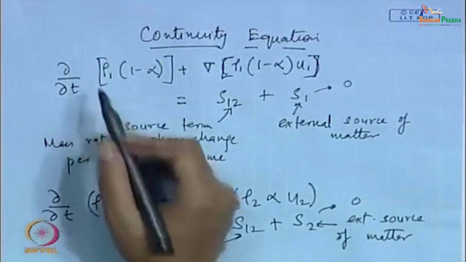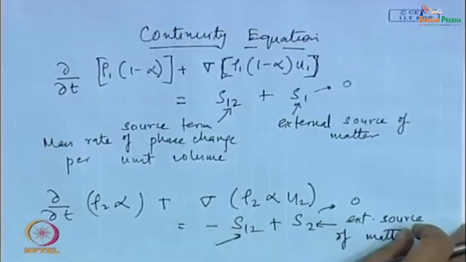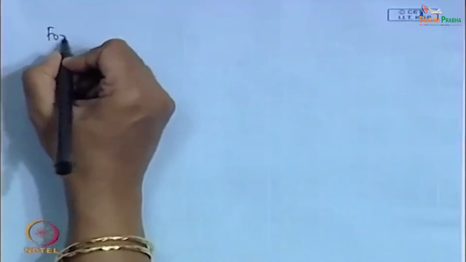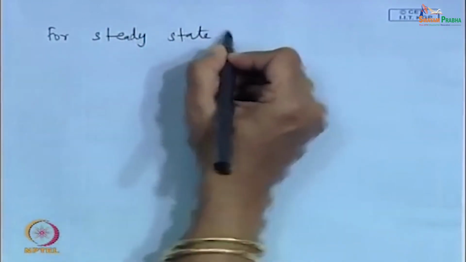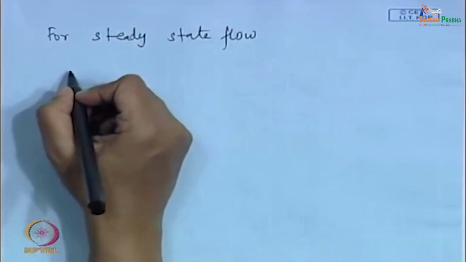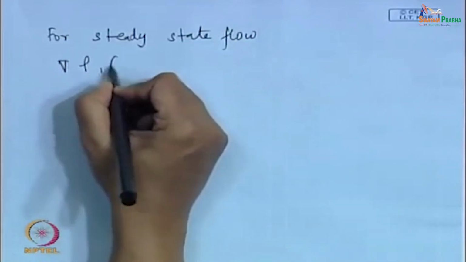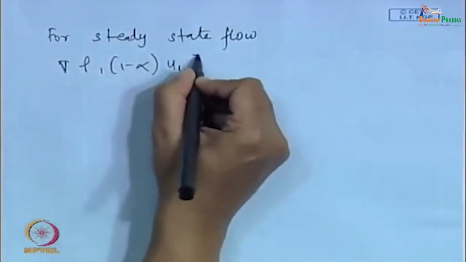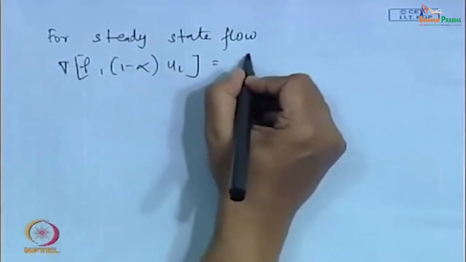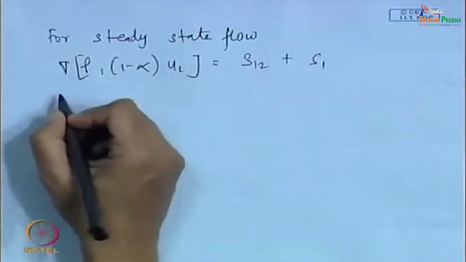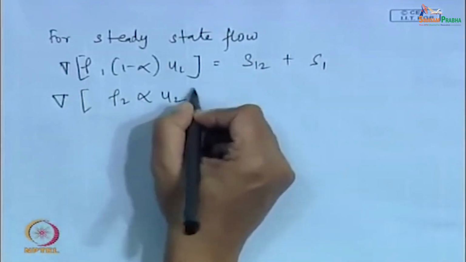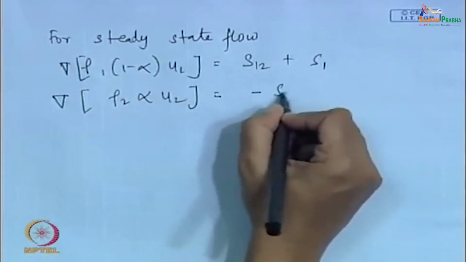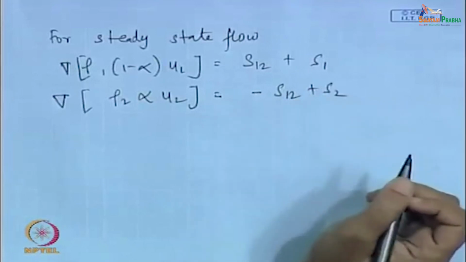Your ∂/∂t terms, these two terms, should cancel out, and under those conditions for steady state flow we get: divergence of rho 1 (1 minus alpha) u 1 equals S 1 2 plus S 1, and here it is going to become divergence of rho 2 alpha u 2 equals minus S 1 2 plus S 2.